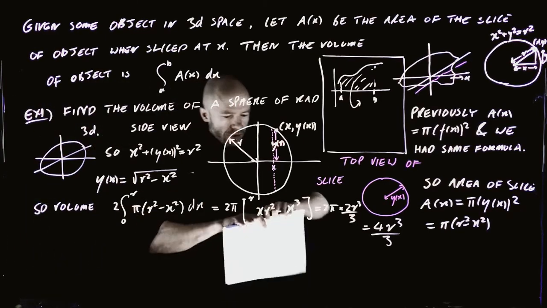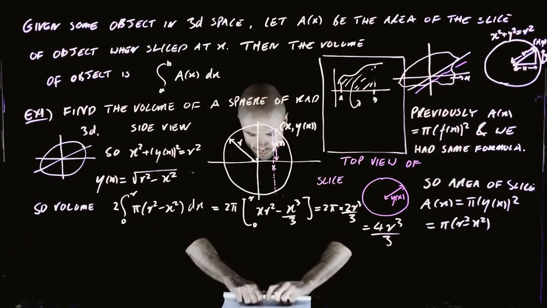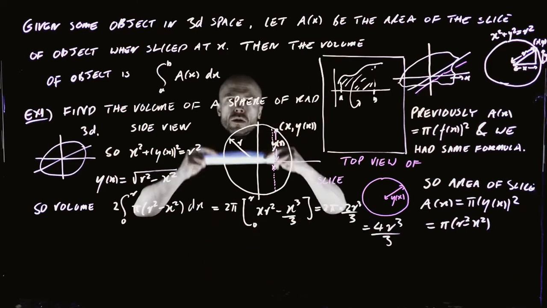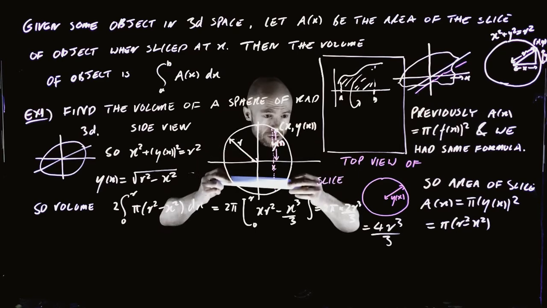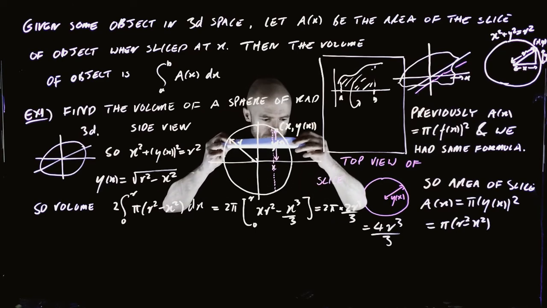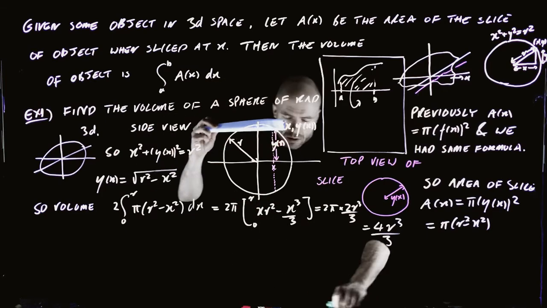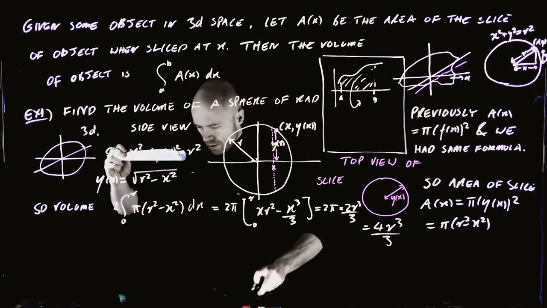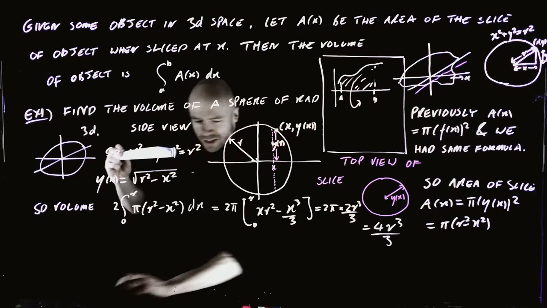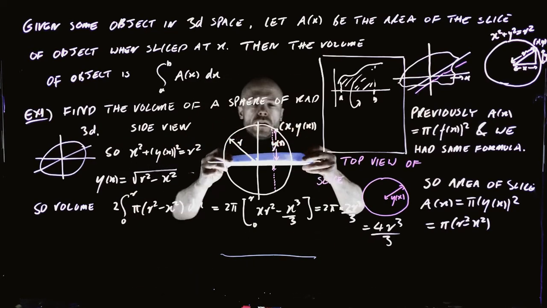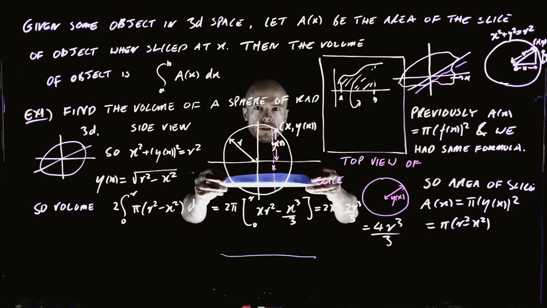If we have a constant function, so imagine around here is the x-axis, right? So we have some constant function like this, yeah? And we're going to rotate it around the x-axis.